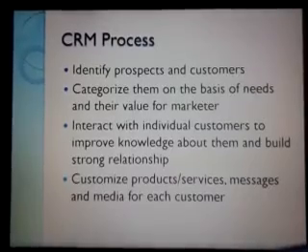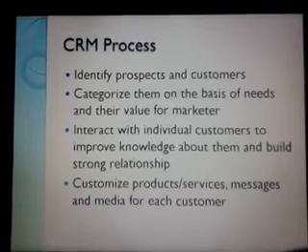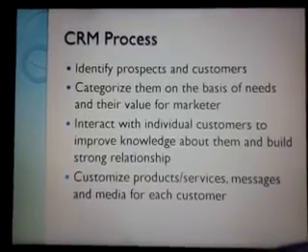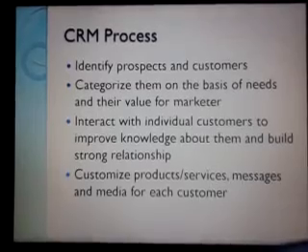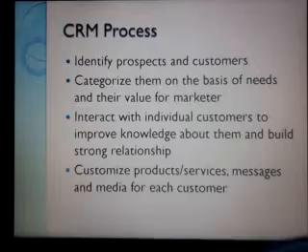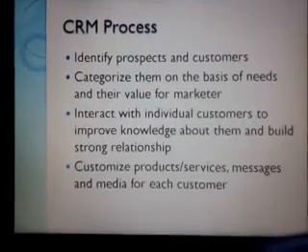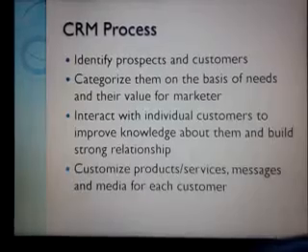So on the basis of all this, the marketer can customize products, services, messages and media for each customer. First, identify prospects and customers and categorize them. Then the third step is to interact with individual customers to improve knowledge about them and build strong relationships.